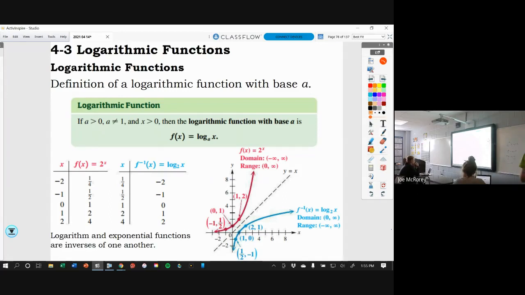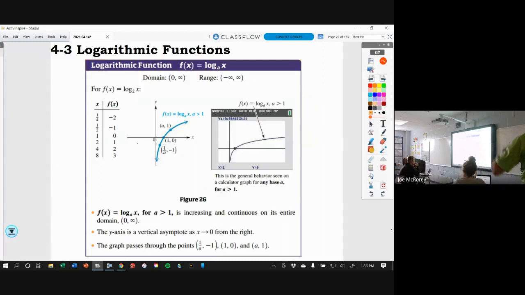Okay, so we have several slides here, some notes, and some of it's repetitive. I'm going to the next slide now. A logarithmic function. If a is greater than 1, remember a has to be positive, we're going to have an increasing function. When a is greater than 1, the function is always increasing.